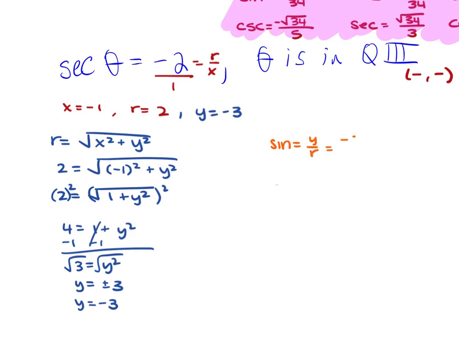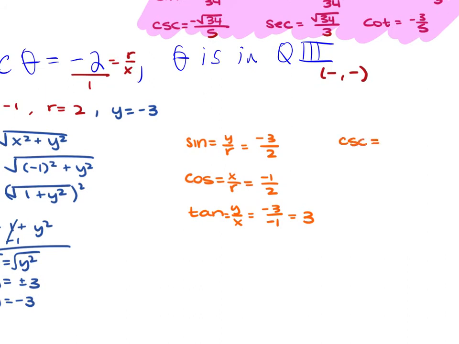Y we said was negative square root of 3 over r, which is 2. Cosine is x over r, so that's going to be negative 1 over 2. Tangent is y over x, so that's going to be negative square root of 3 over negative 1, which is just positive square root of 3.